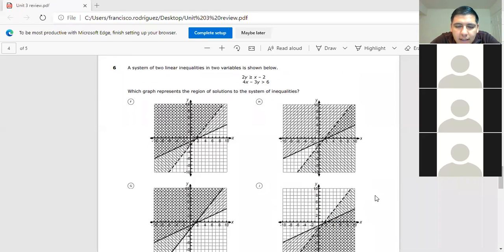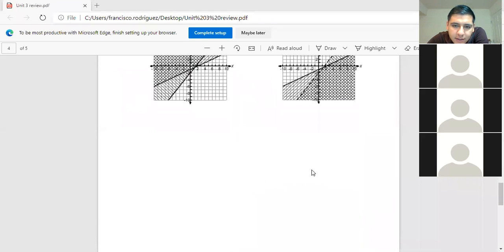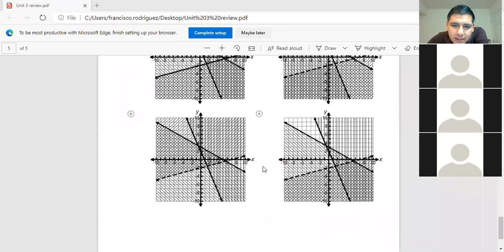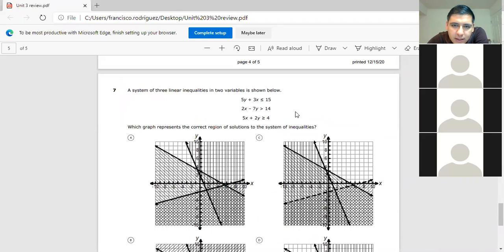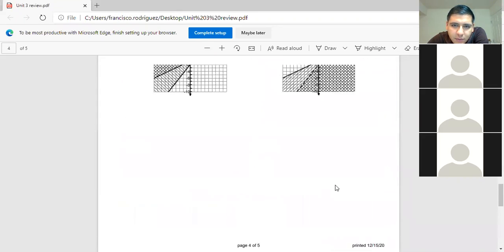Which one looks like it most likely is the answer? H, right? We have the dotted line going up like that, the solid line, and the area where they meet is over here. So the answer should be H. This one actually uses 3 inequalities, but it should be pretty simple if you just go on Desmos and do that.